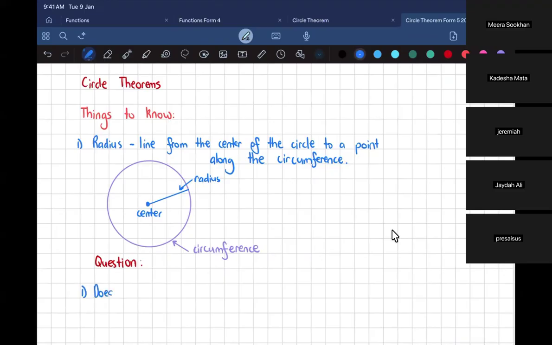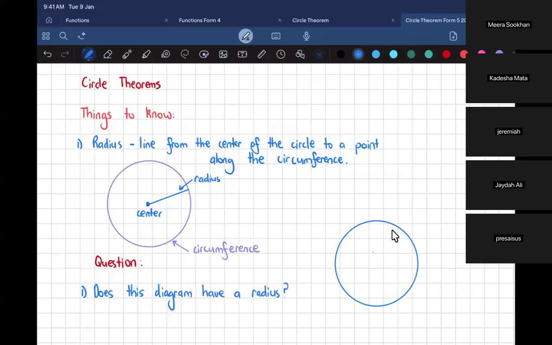Does this diagram have a radius? Okay, so I want to hear.